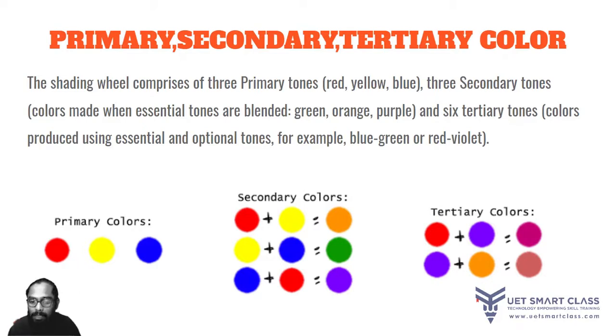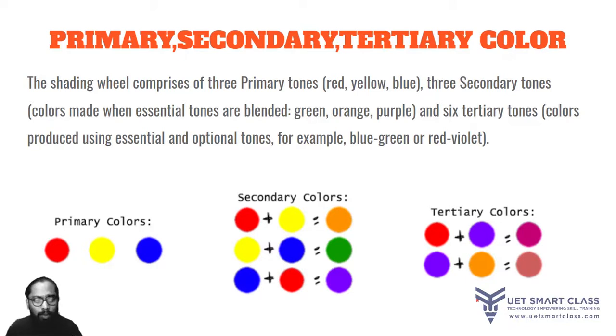And tertiary colors: there are 6 in total, all the tones you can see on screen. So what are primary colors? Red, yellow and blue. What are the secondary colors? Orange, green and purple.